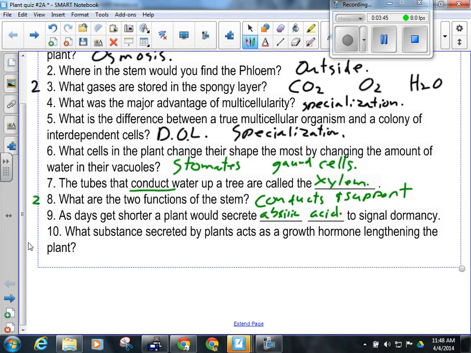All right, and number 10, what substance secreted by plants acts as a growth hormone, lengthening the plant? I'll accept gibberellins, but I was actually looking for auxins. Okay, gibberellins do cause lengthening of the plant, but the primary growth hormone is auxin. Okay.